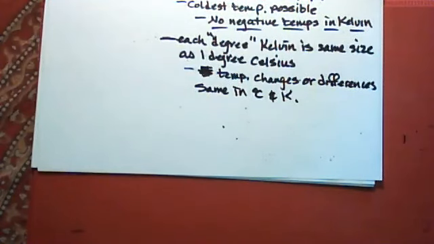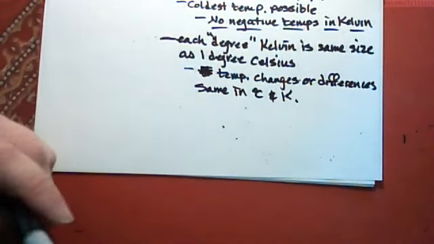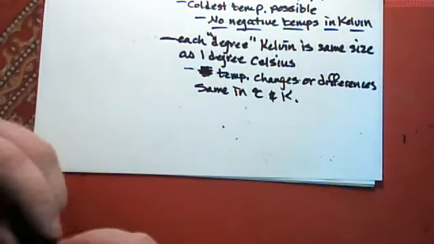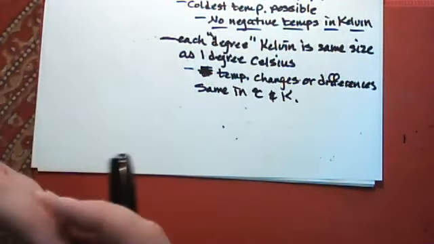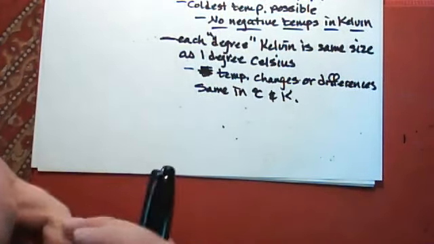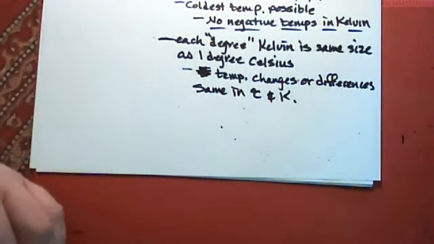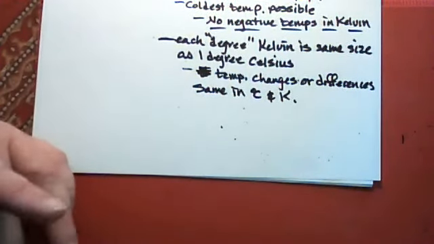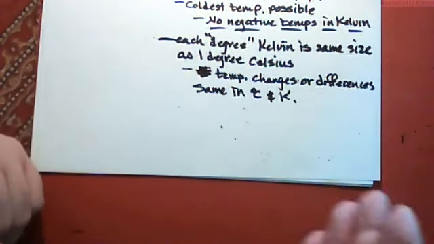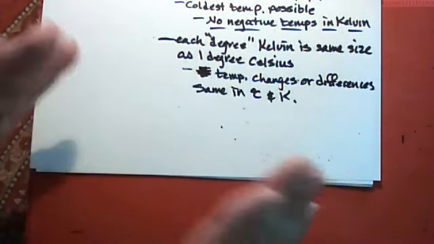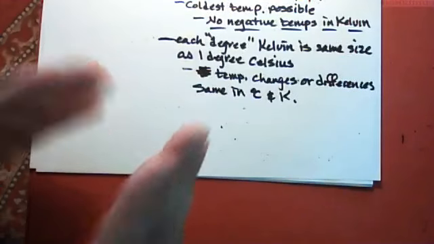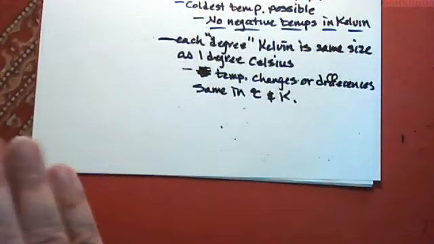Because Kelvin is the standard unit for temperature, you do have to use kelvins for measuring temperatures in all kinds of equations, but it's possible that you can save a little bit of time. If the equation calls for change in temperature, then you can just use it straight in kelvins because the change in temperature in Celsius would be the same. It's only if you need individual temperatures that you have to change from Celsius to Kelvin.